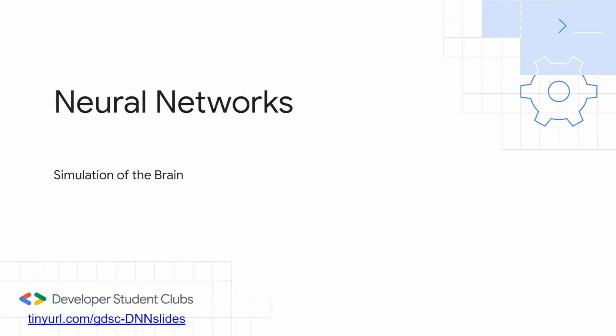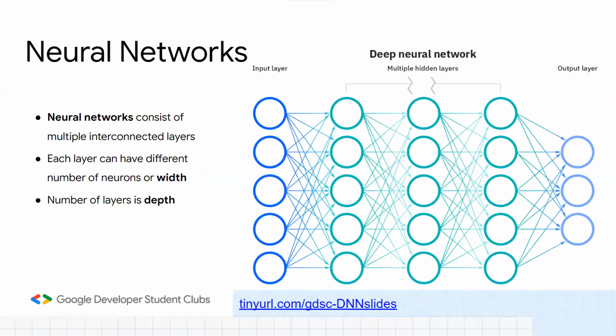So neural networks. This is kind of what neural networks look like. They're essentially a bunch of nodes, built in layers that are interconnected with the neighboring layers. As we see here, we have an input layer, which is on the left side. The input layer consists of multiple nodes, also known as neurons.